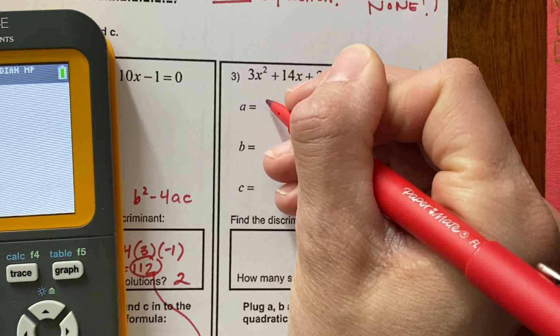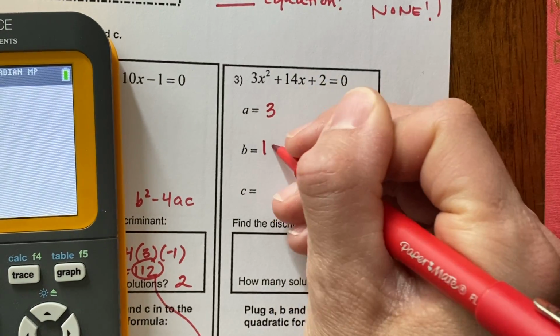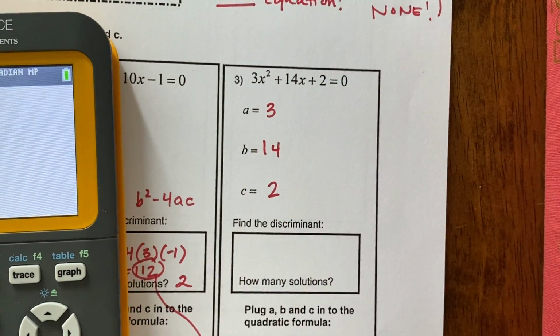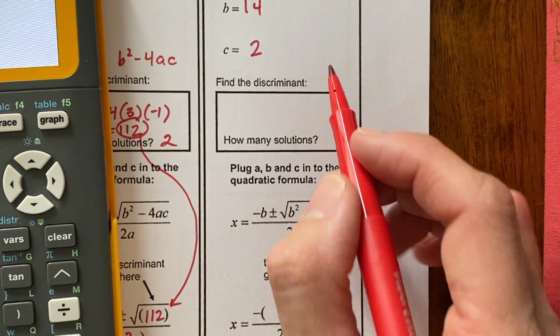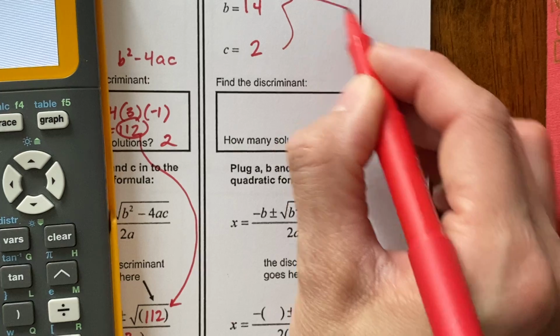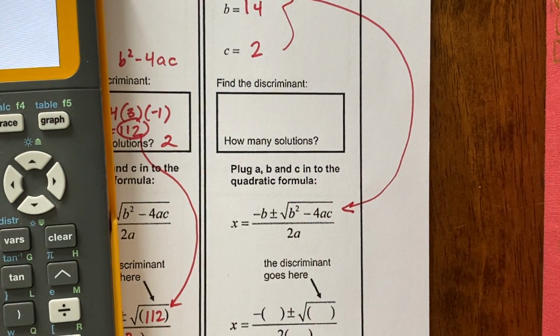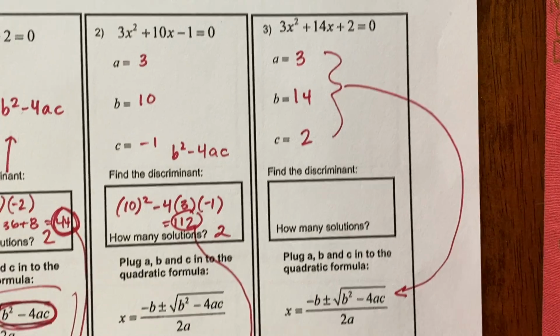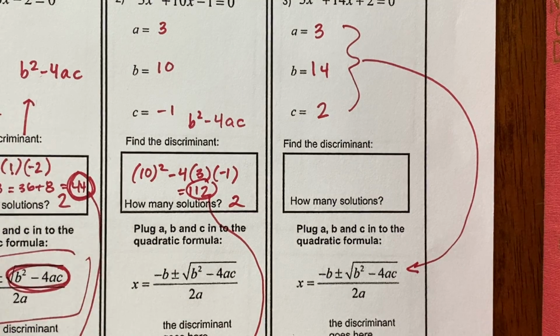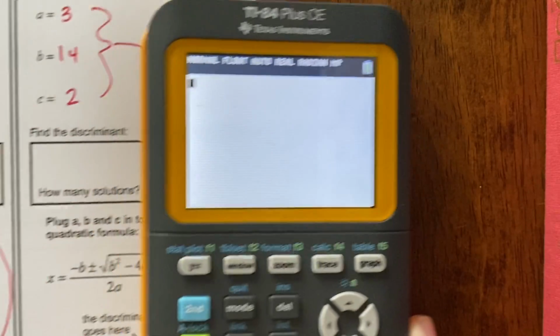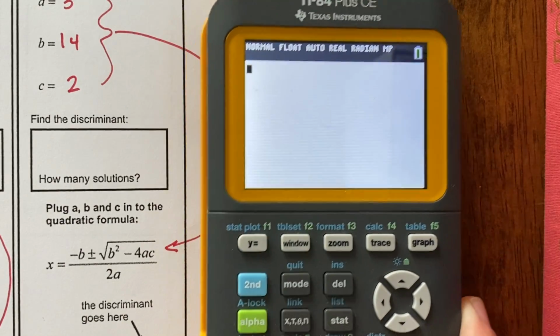So A here is 3, B is 14, C is 2. Now, we're not going to find the discriminant. We're not going to see how many solutions. We're just going to take all of this and plug it in there. The reason why I usually don't do it this way is because there's a really likely chance that this will get screwed up, okay?